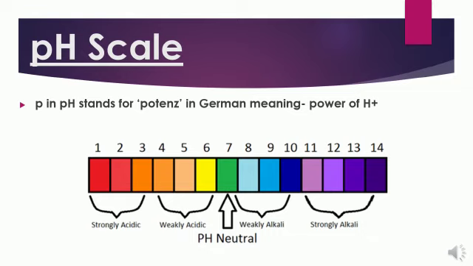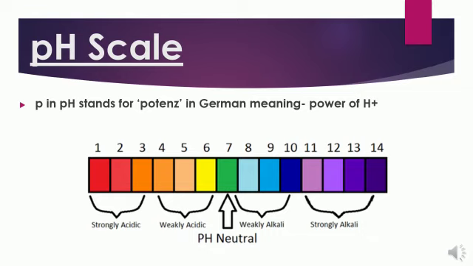And one more thing, the strength of acids and bases depends on the number of H plus ions and OH minus ions produced. As I mentioned in the previous slide, if we take hydrochloric acid and acetic acid of the same concentration, say 1 molar, then these produce different amounts of hydrogen ions. Acids that give rise to more H plus ions are said to be strong acids, and acids that give fewer H plus ions are said to be weak acids.